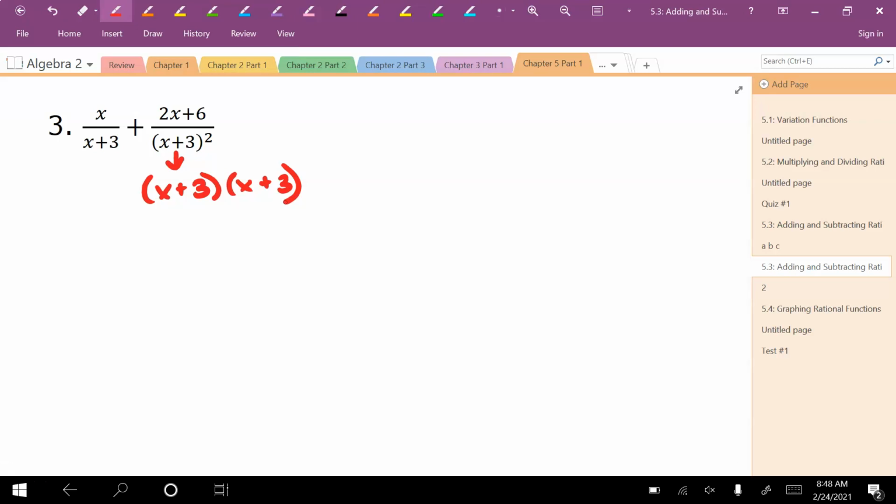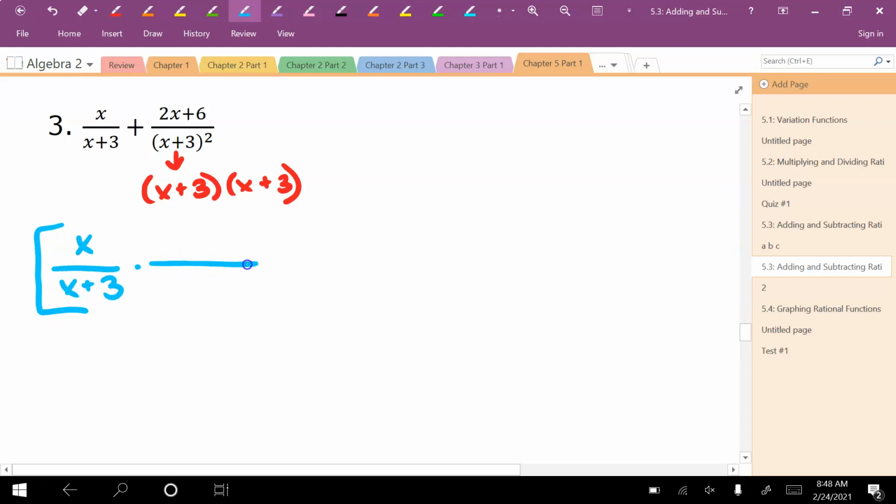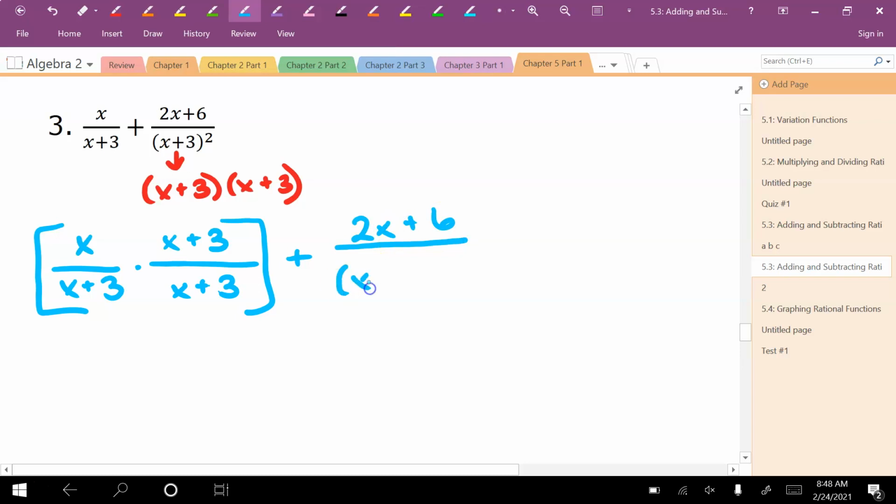Okay, so we're going to take that first fraction times x plus 3. Oops, and we're not going to do anything to the second one. We're going to leave that alone. But I am going to write it out as x plus 3 times x plus 3 now.